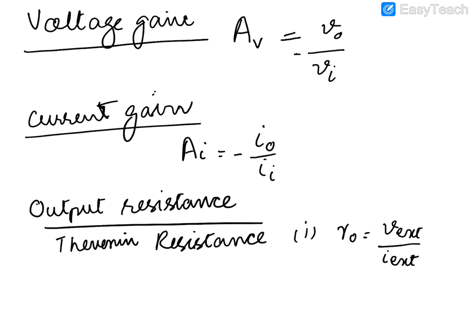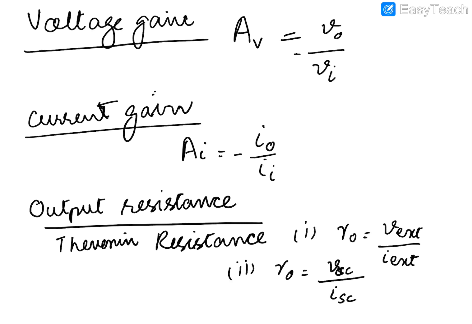The second method is to simply measure the open circuit voltage at the output side and divide it by the short circuit current at the output terminals. So the Ro in this case will be equal to V open circuit divided by I short circuit.